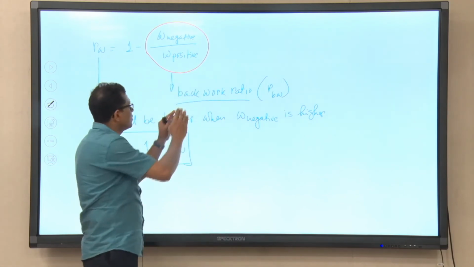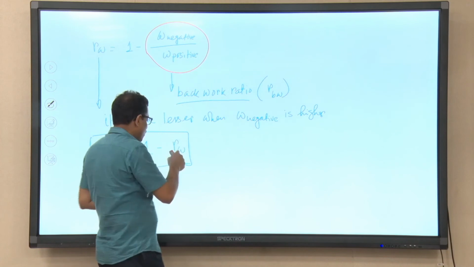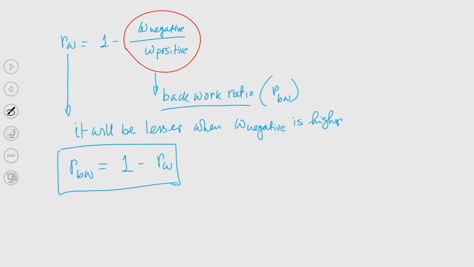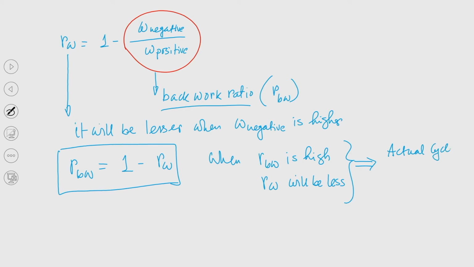So, what I would like to tell you is, when the back work ratio is very high, the work ratio will be less. So when RBW is high, RW will be less, then the consequence is that the actual cycle efficiency will be lesser, right.